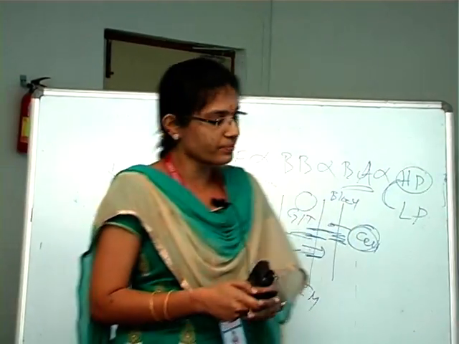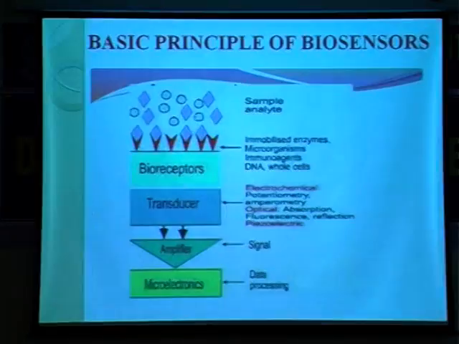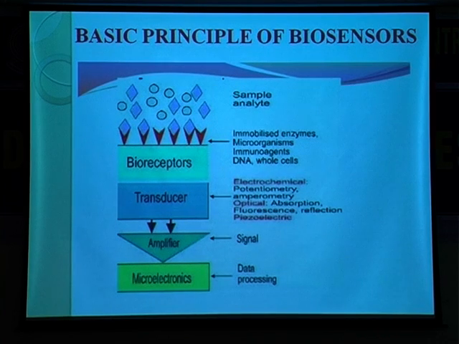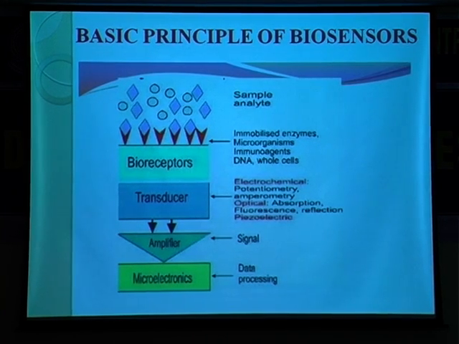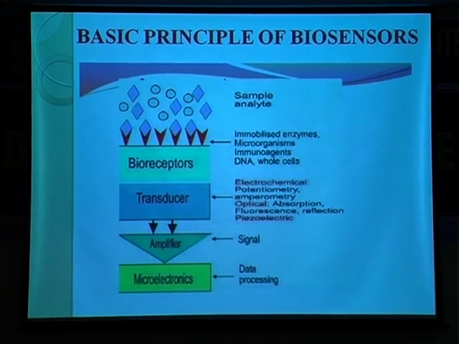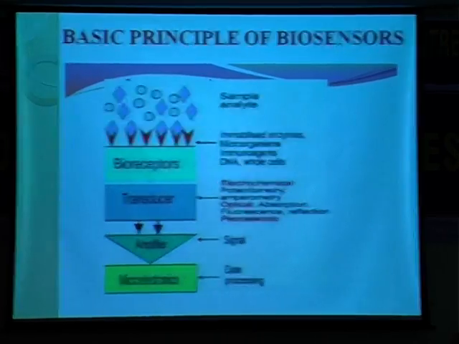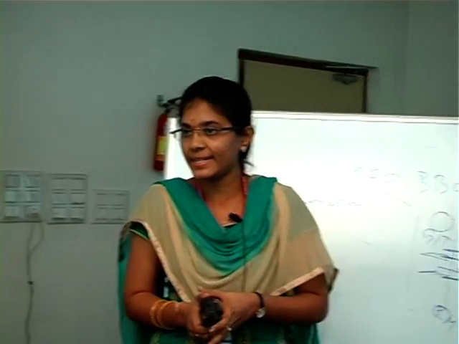Next, the basic principle involved in the biosensor. A biosensor consists of an immobilized biological material, a transducer, an amplifier, and then a detector. Immobilized biological material indicates that the biological material should be immobilized.